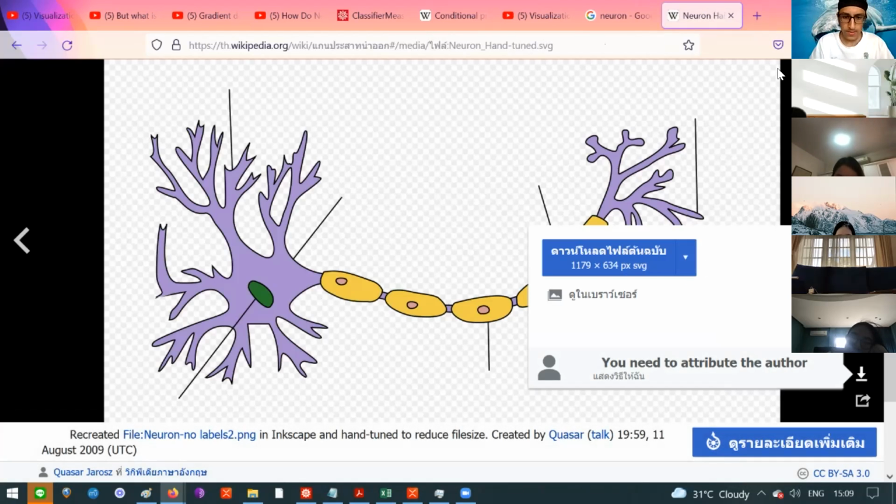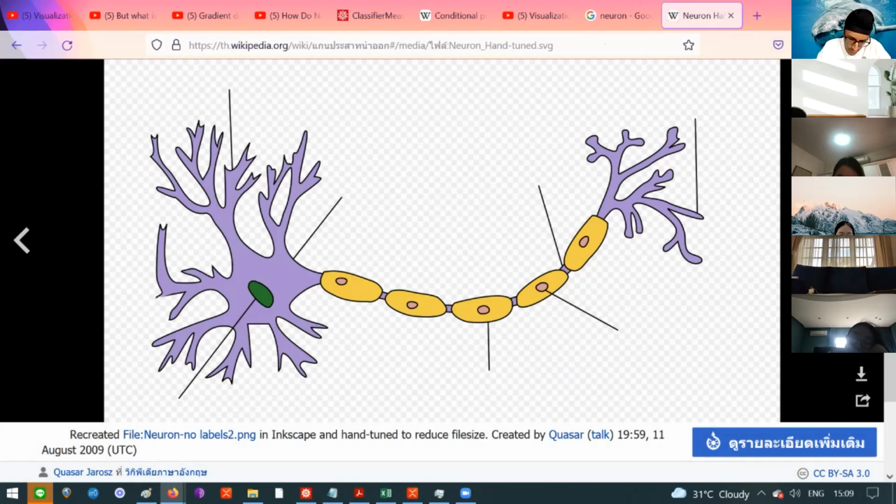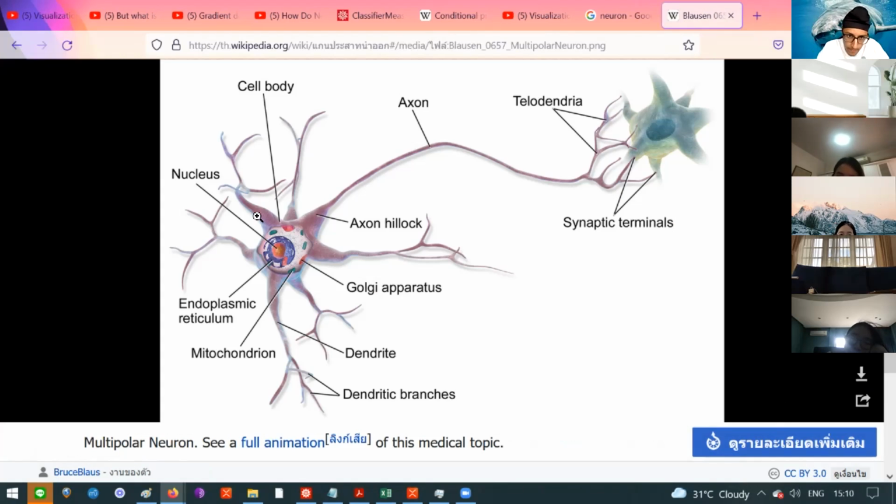Anybody recognize this? This is a neuron, right? Well, this is a neuron cell. It has what looks like a root, okay, coming in. And then it has a long thing called axon. And then this becomes something that attaches to the roots of other neurons. So this is one neuron.